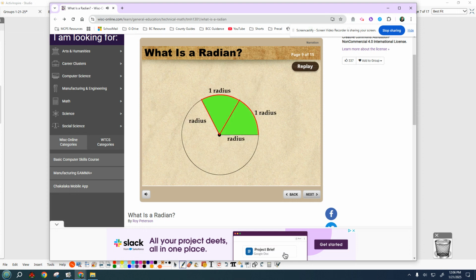How many radiuses wrap all the way around a circle? Six, let's see, 1, 2, 3, and a little bit. What is that little bit? Pi. So if you go half a circle, it's 3.14159, and so on. So all the way around the circle is 1, 2, 3, 4, 5, 6 radians, and this little smidgen, 0.28, and so on.